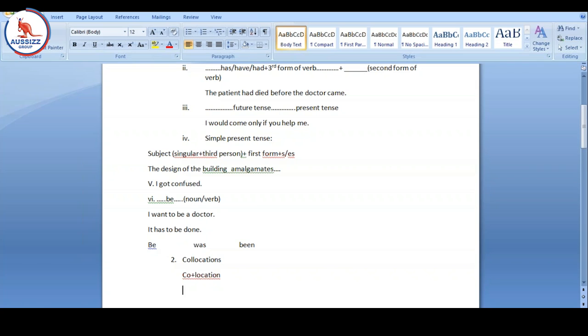Now, collocations are of two types. Number one, when a word goes with another word, just like take rest. We all know take rest. Why with rest do I always have to choose the word take? Have you ever said do rest or have rest?